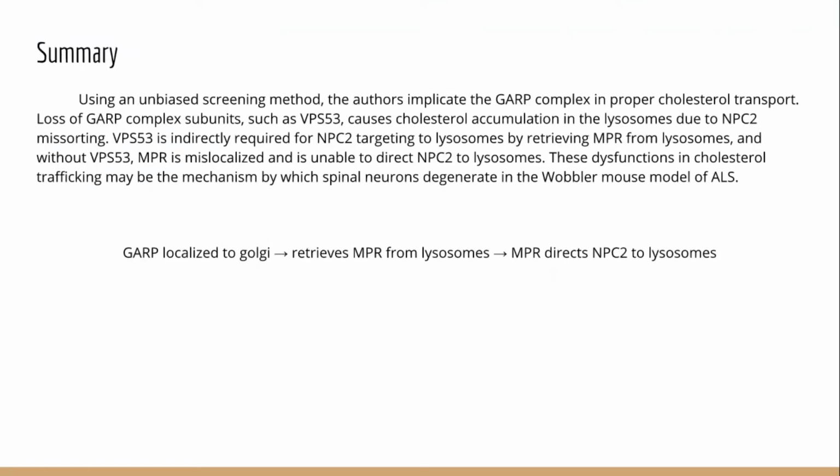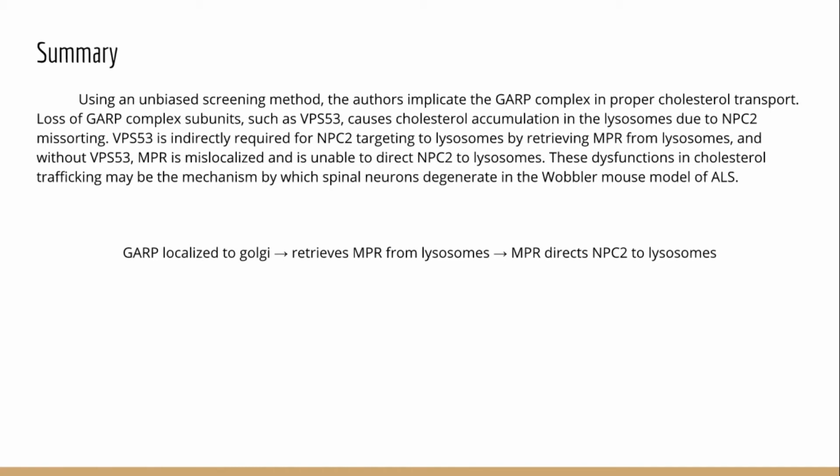So the summary here is that using an unbiased screening method, the authors implicate the GARP complex in proper cholesterol transport. The loss of the GARP complex subunits, such as VPS53, causes cholesterol accumulation in the lysosomes due to NPC2 missorting.